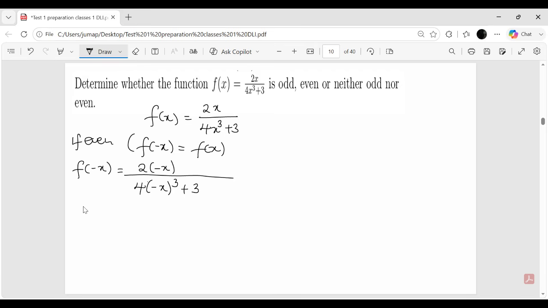Then f of negative x is equal to negative 2x over negative 4x to the power 3 plus 3. Are these two equal? This one is not equal to f of x. Are we able to see that?